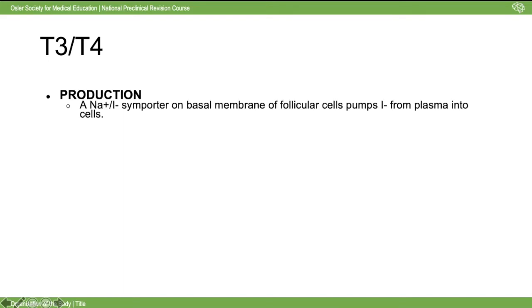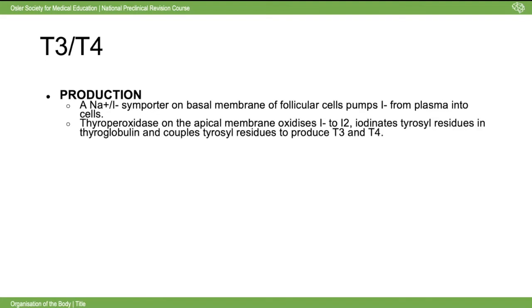Okay, so let's talk about T3 and T4. If you're asked to describe the hormones, I split it up into production and then the effects that it has. So production: first, a sodium iodide symporter on the basal membrane of follicular cells pumps iodide from the plasma into the cells.